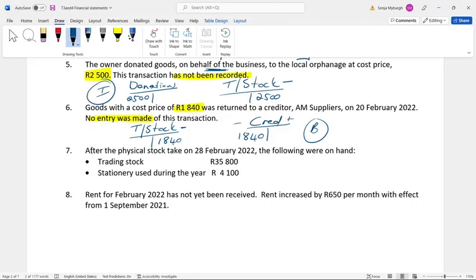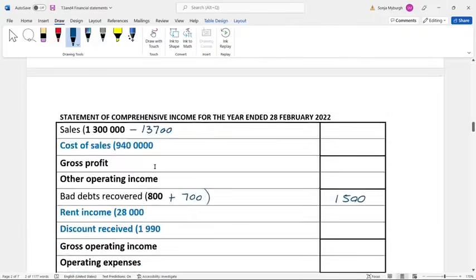That's why number 7, after the physical stock take, we have on hand 35,800 trading stock. Now we teach you that the difference between what is in our books and what we've counted is the trading stock deficit or the surplus. But before we came to number 7, there were 2 adjustments that will also affect the trading stock.